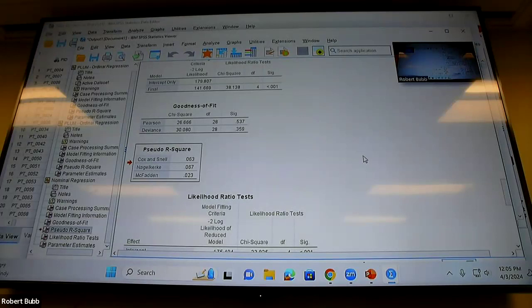Here, we're only accounting for 6% of the variation. So Cox and Snell is probably going to be our best bet. But if you reported Nagelkerke here, it's not that much different, and you'd probably be fine. Just realize it tends to overestimate at lower values, again because of that adjustment to make sure that it reaches 1, that it reaches 100%.